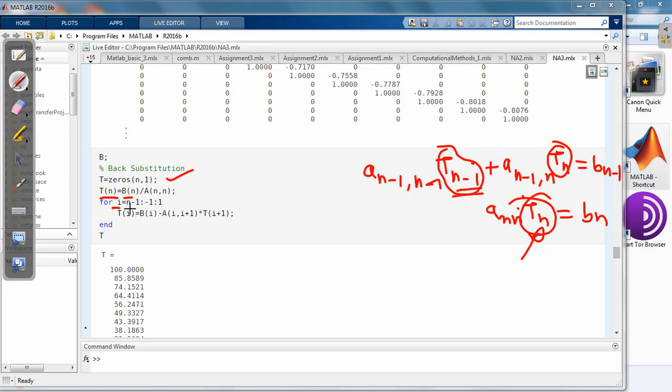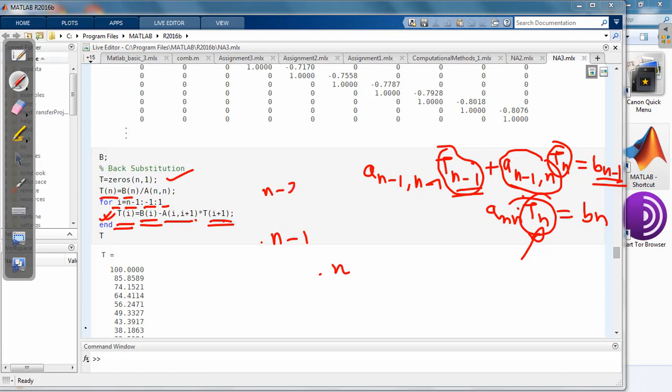You see that I started from n minus 1, and with an increment of minus 1 it goes up to 1, and Ti will be equal to what? That will be bi minus a(i,i+1) into T(i+1), because T(i+1) is already calculated, since you are now trying to calculate Ti. So when you are trying to calculate T(n-1), already Tn is calculated.